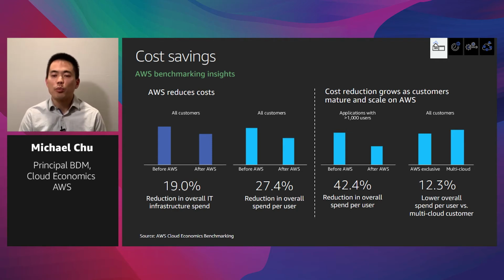Now, how do we use benchmarking to calculate a top-down estimate of the potential cost savings? Well, let's take the first KPI as an example, IT infrastructure spend. Now, 19% is the reduction seen overall by all 1,500 respondents, but what we want to do ultimately is to make this client-specific and narrow this down for a peer set that's most similar.